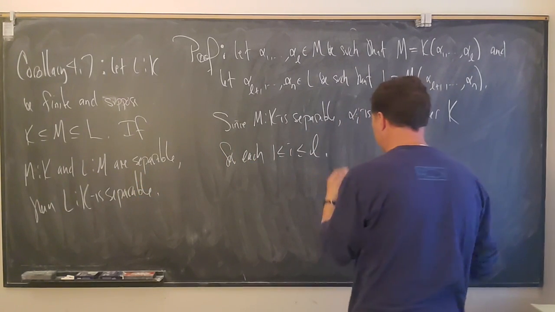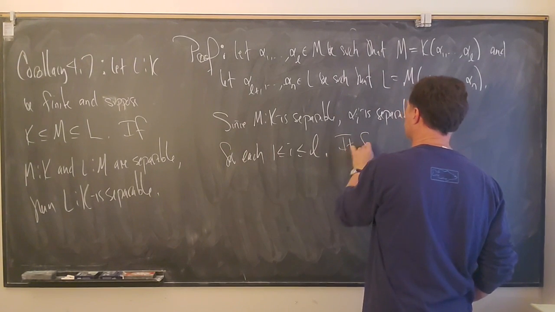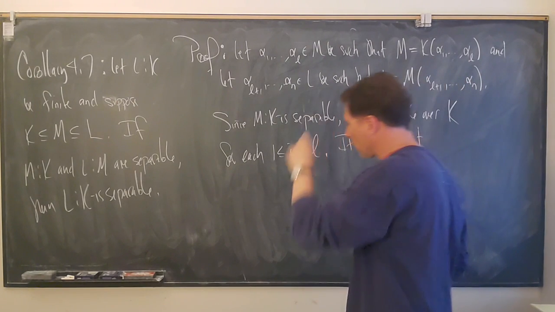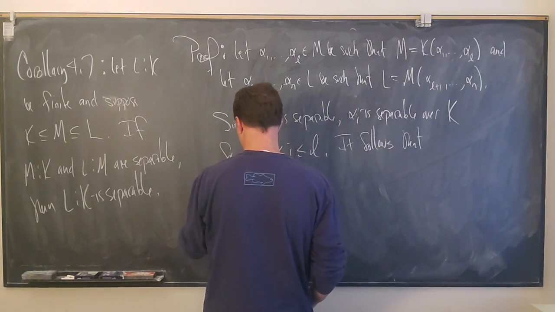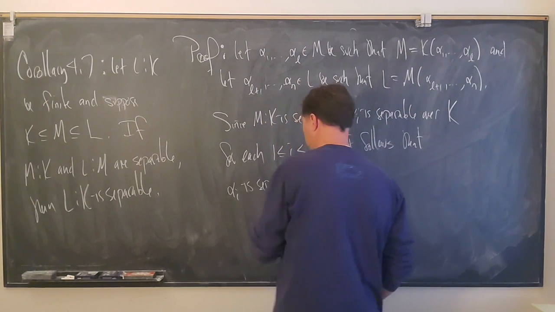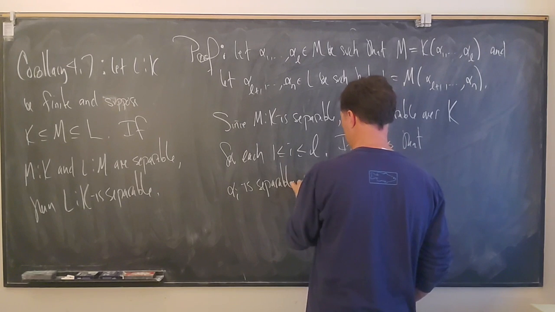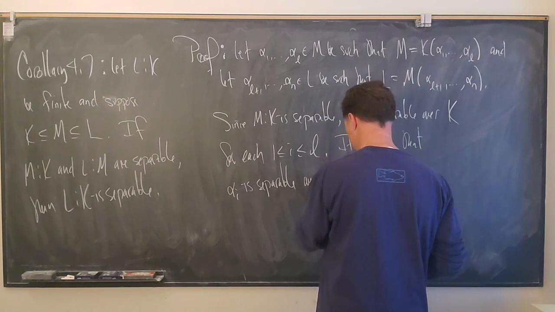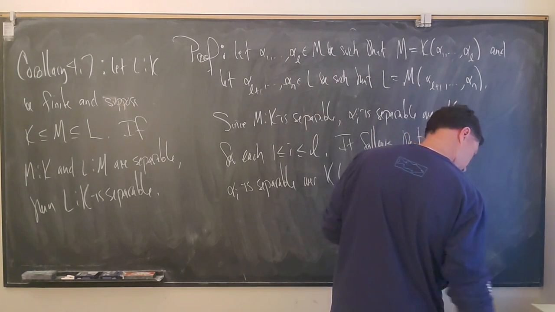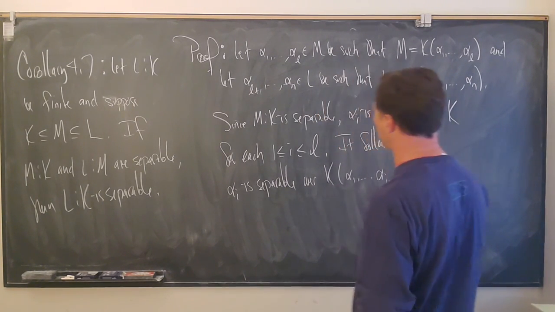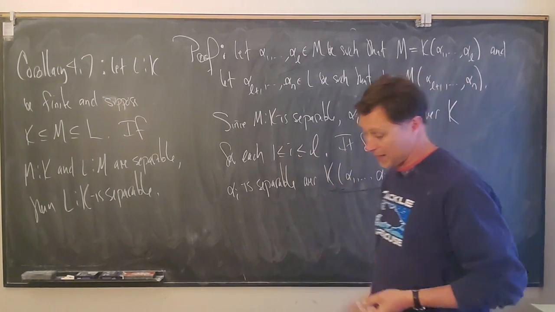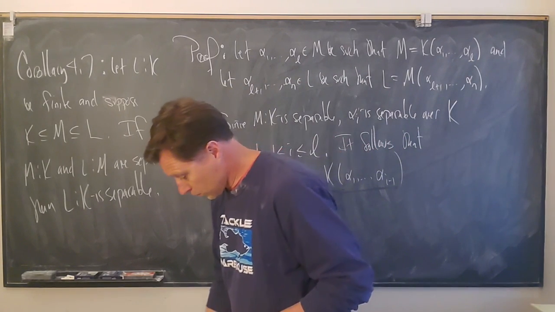Right, now just using the same idea, it follows that alpha i is separable over K adjoin alpha 1 up through alpha i minus 1. Why is that? Because the minimal polynomial with respect to the bigger field divides the minimal polynomial with respect to K.